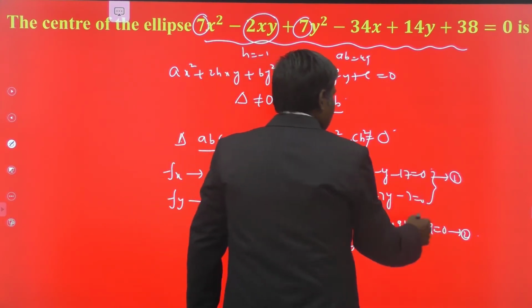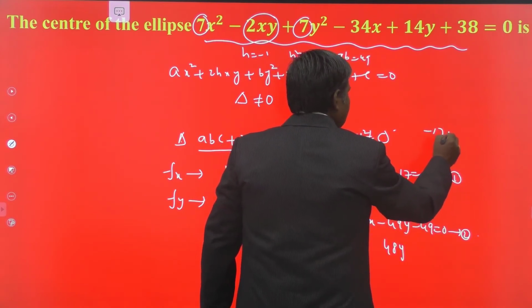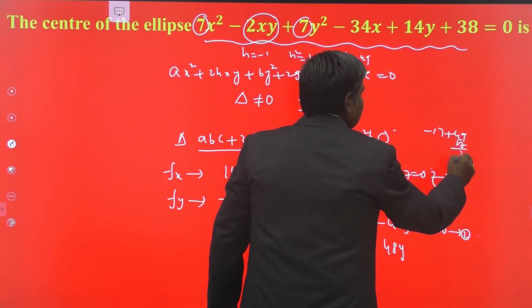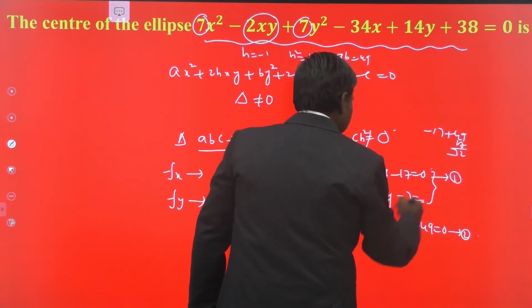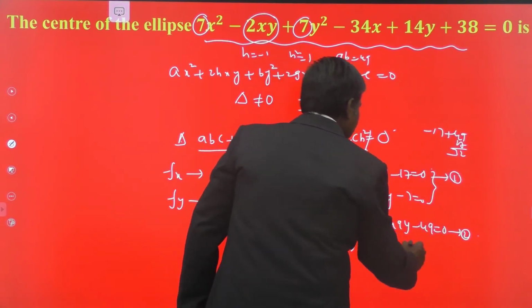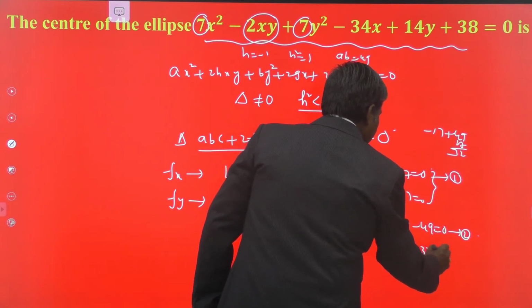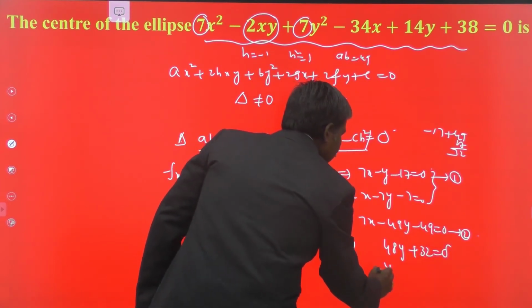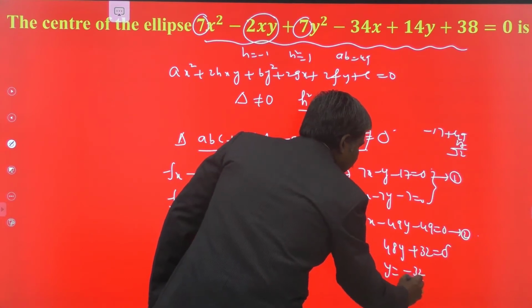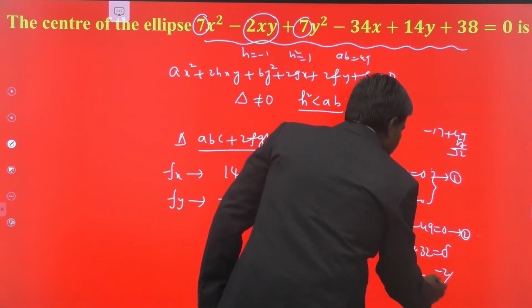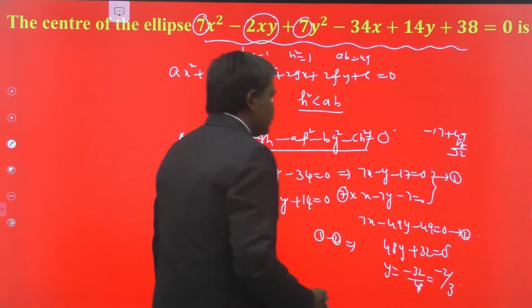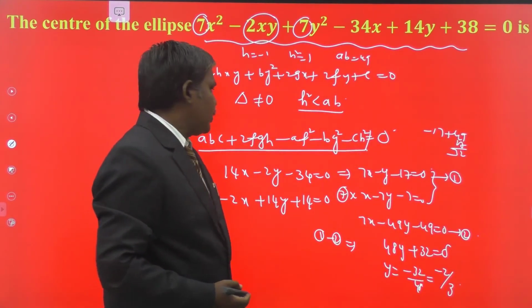Now minus 17 plus 49, so this is 32. Minus or plus? This is plus 32. 32 equal to 0. So the y value is equal to minus 32 by 48. 16 2s, 16 3s. That is, the y coordinate is minus 2 by 3.